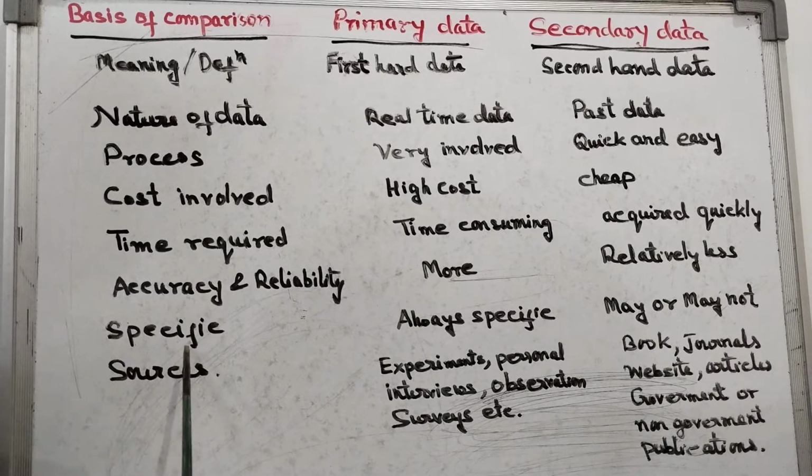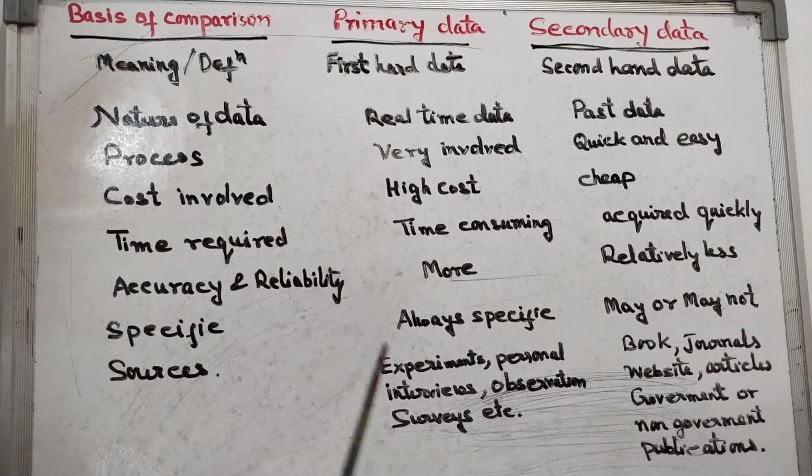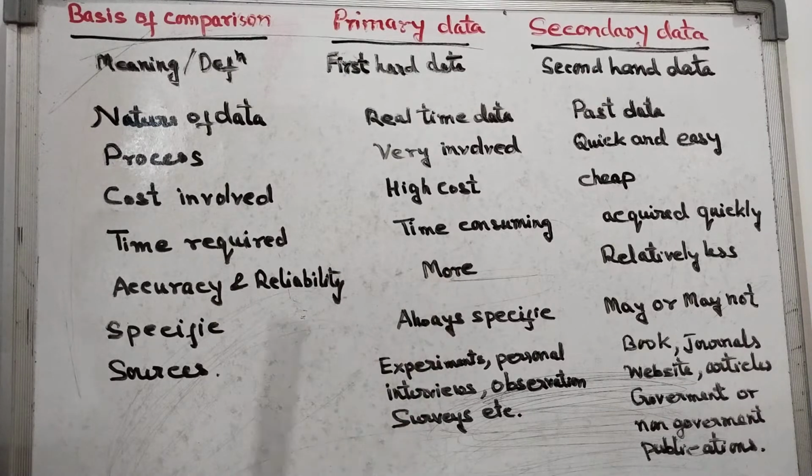Next is specific. Primary data is always specific to the researcher's needs. And secondary data may or may not be specific, sometimes we get the specific data and sometimes not.